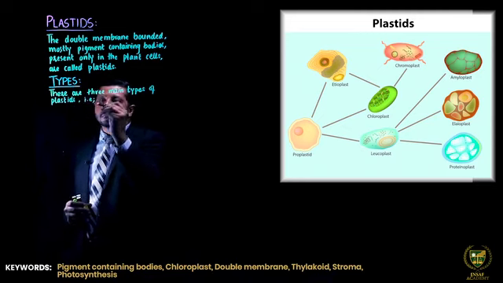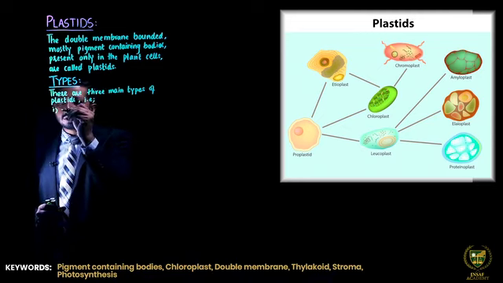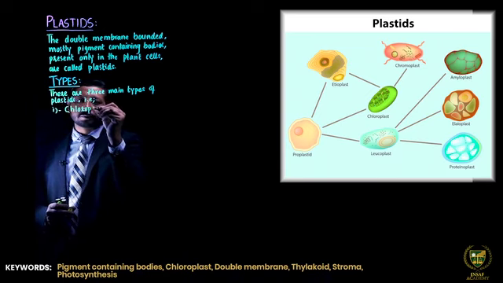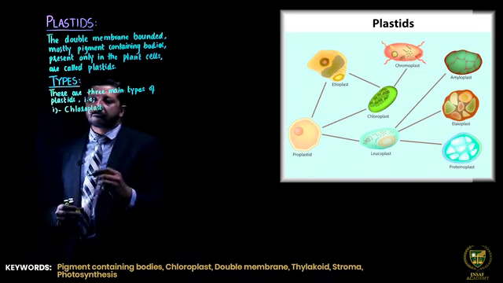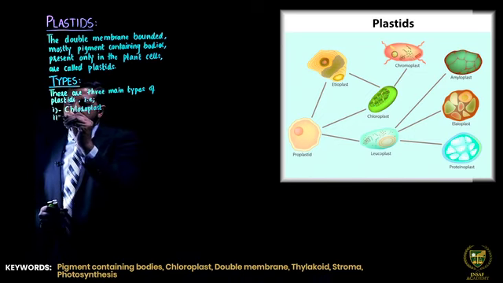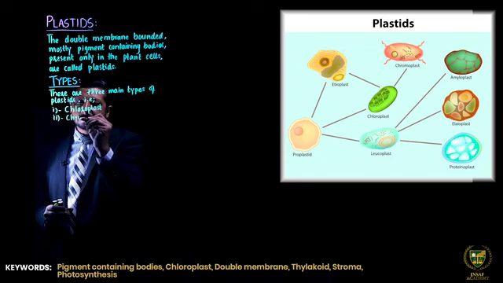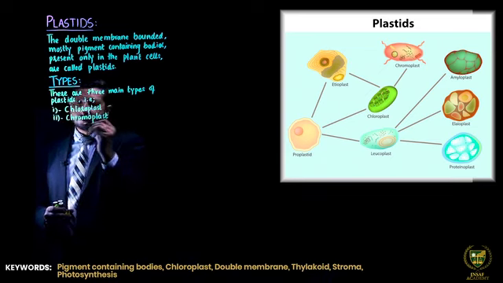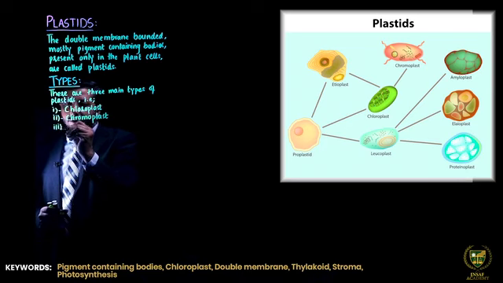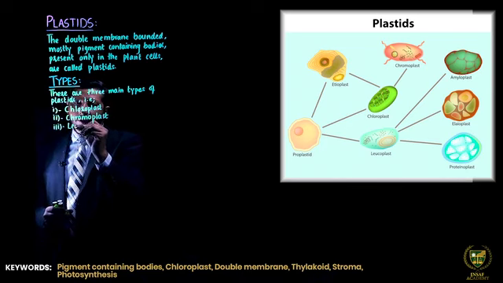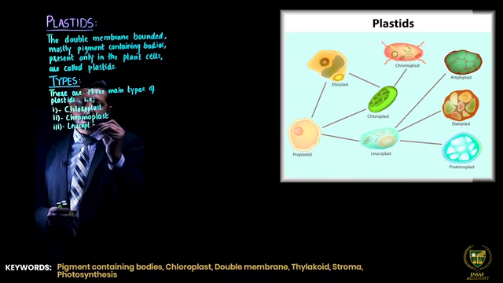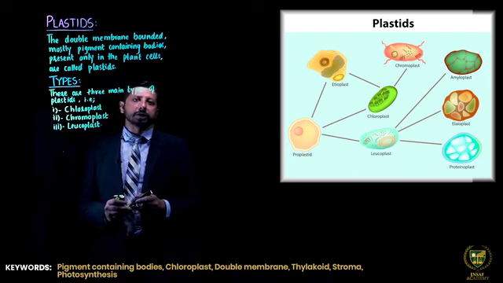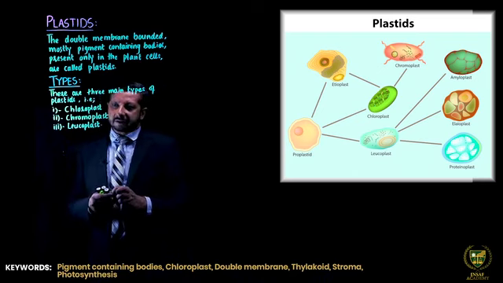That is, number one, chloroplast. Number two, chromoplast. Number three, leucoplast. So these are three major types or the three main types of plastids.